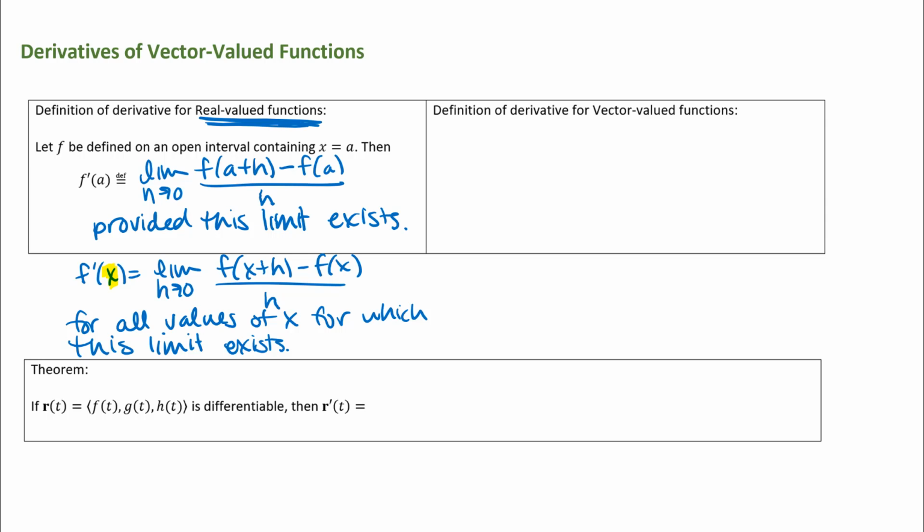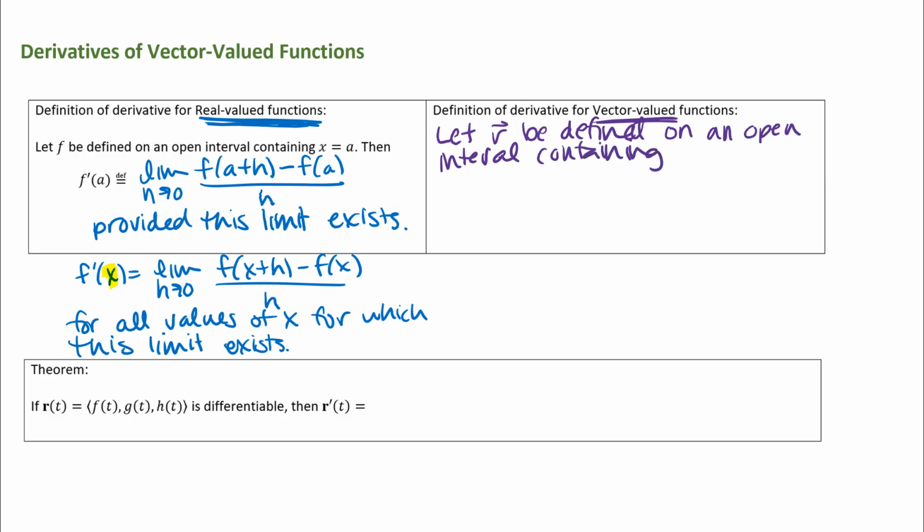Okay, so we're going to now transition to vector-valued functions and think a little bit about how that might be different. Notationally, first of all, we're going to call our vector-valued function r instead of f. We want that to be defined at and all around our point that we're doing the derivative at. So we would say on an open interval containing, in this case, t equals a.